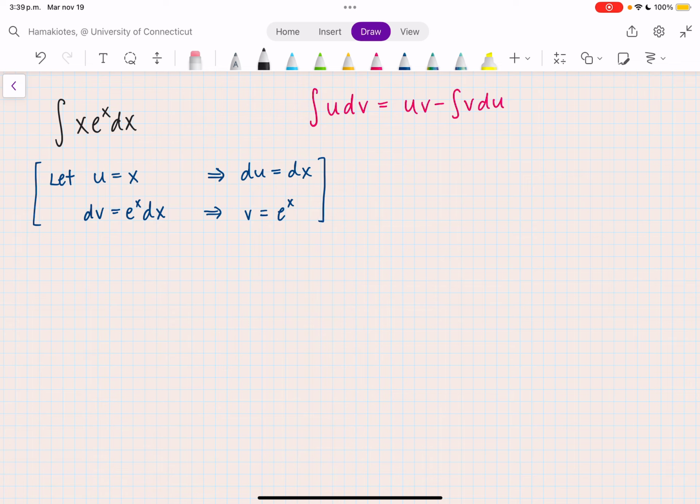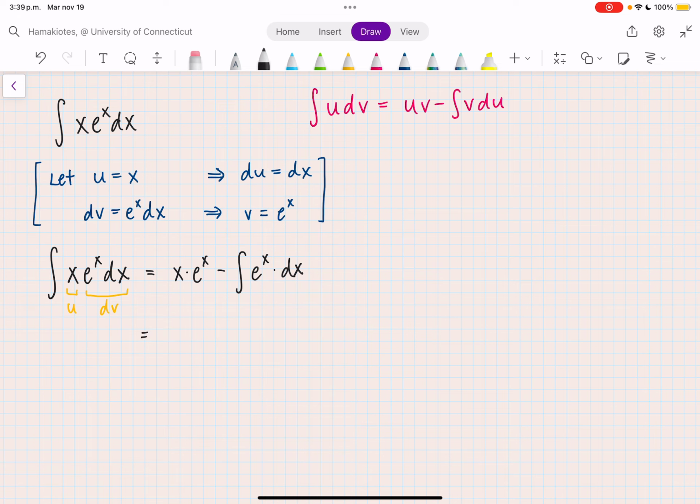So we have that the integral of x e to the x dx, where this is u and this is dv, should equal u, which is x, times v, which is e to the x, minus the integral of v, which is e to the x, times du, which is just dx.